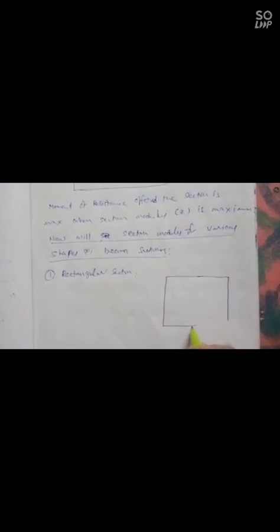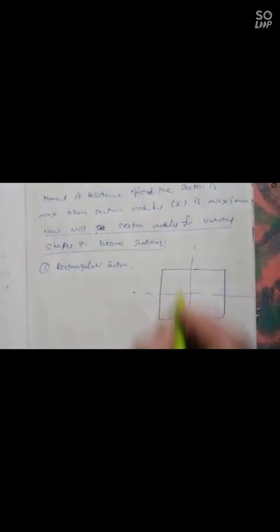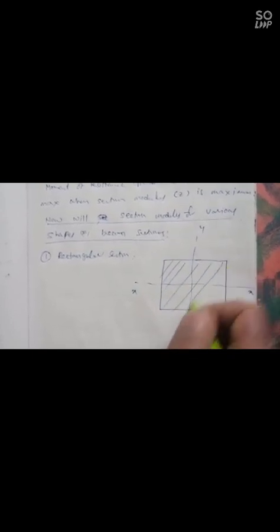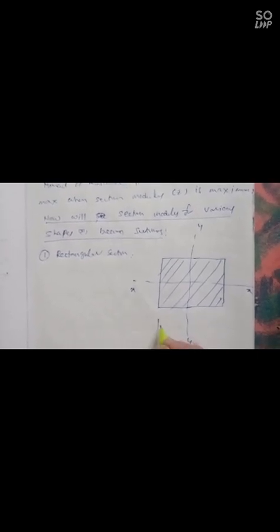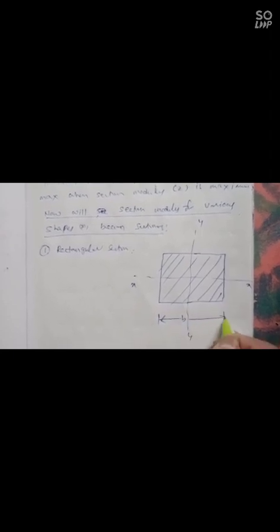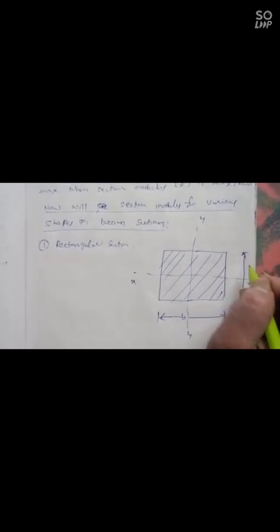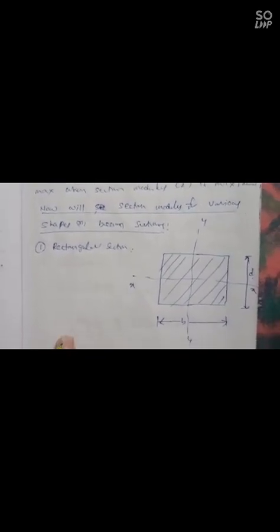So this is a rectangle having x-axis and y-axis. This is a solid rectangular section having a width of b and a depth of d.